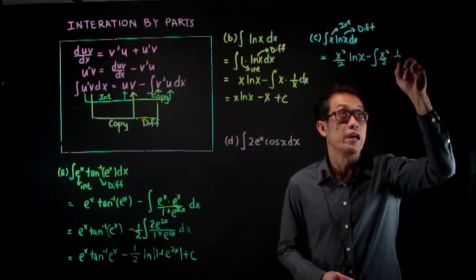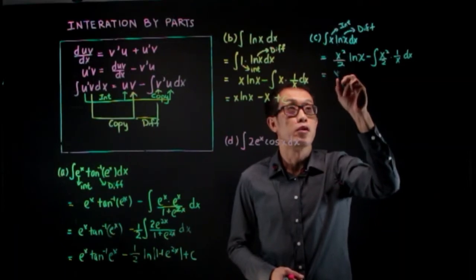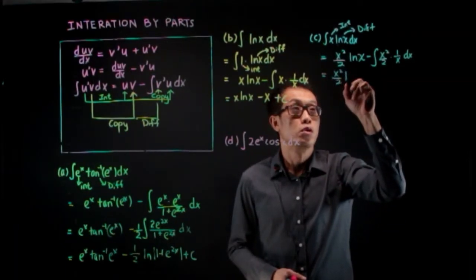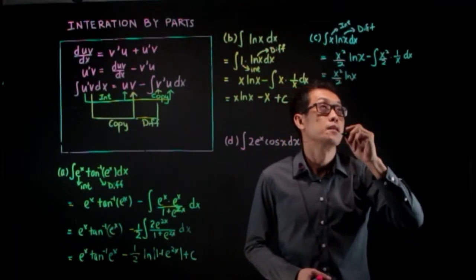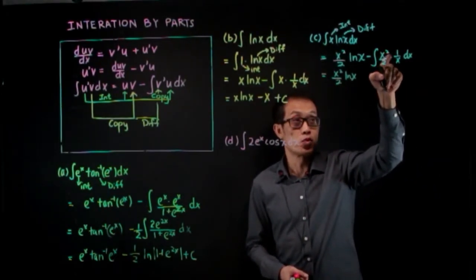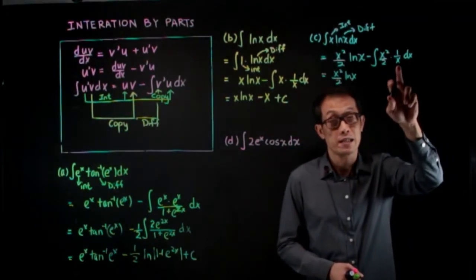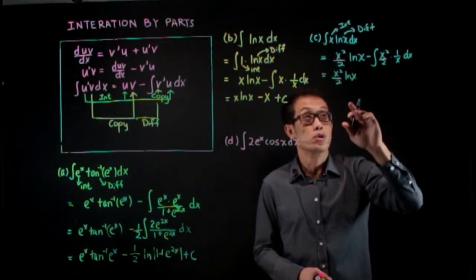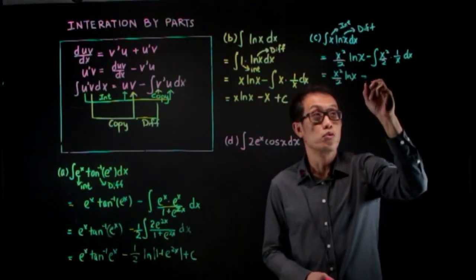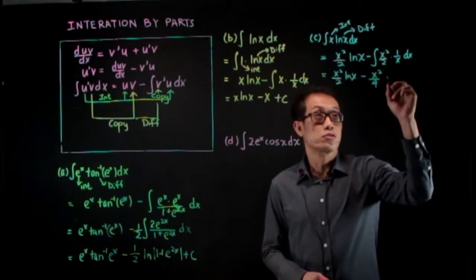This is 1 over x dx. So here you got x squared over 2 ln x. Now this one you are left with x over 2 because the square you can cancel off with the x here. So you got x over 2. And when you integrate x over 2, you got x squared over 4. Of course, don't forget your c as well.